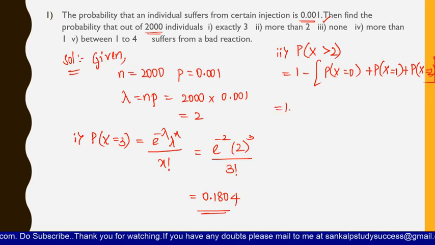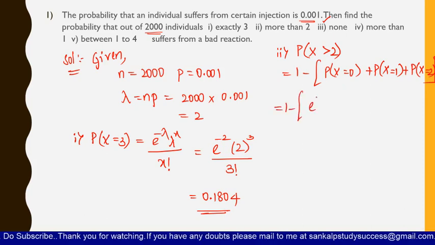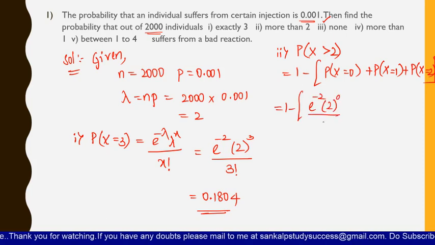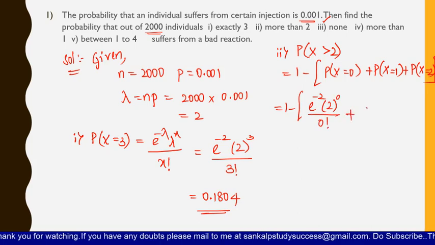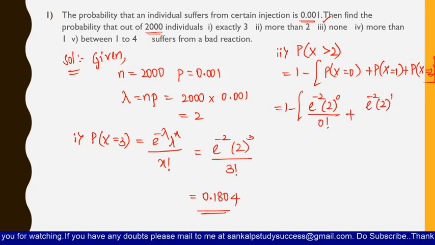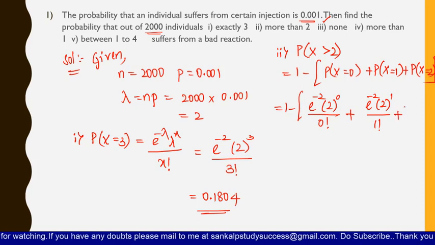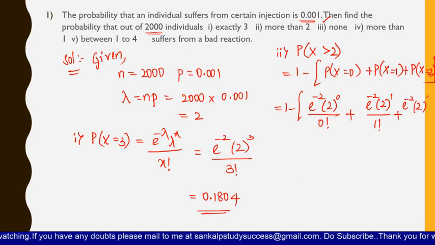By substituting all the values, e power minus 2, 2 power 0 by 0 factorial, e power minus 2, 2 power 1 by 1 factorial, and 2 square by 2 factorial.